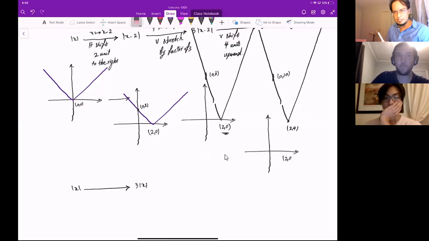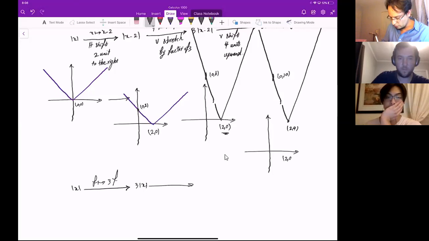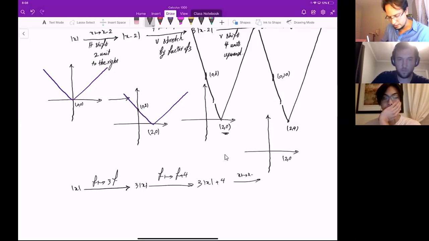If you change the order the way you said, it will go the same way as the one we had. So here f goes to 3f, and then you have 3x plus 4, then f goes to f plus 4, and then from there you change x to x minus 2: 3(x minus 2) plus 4.